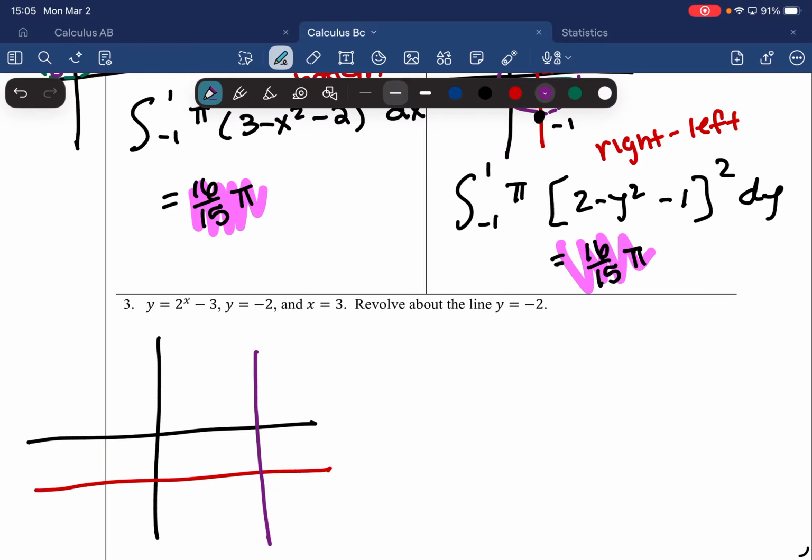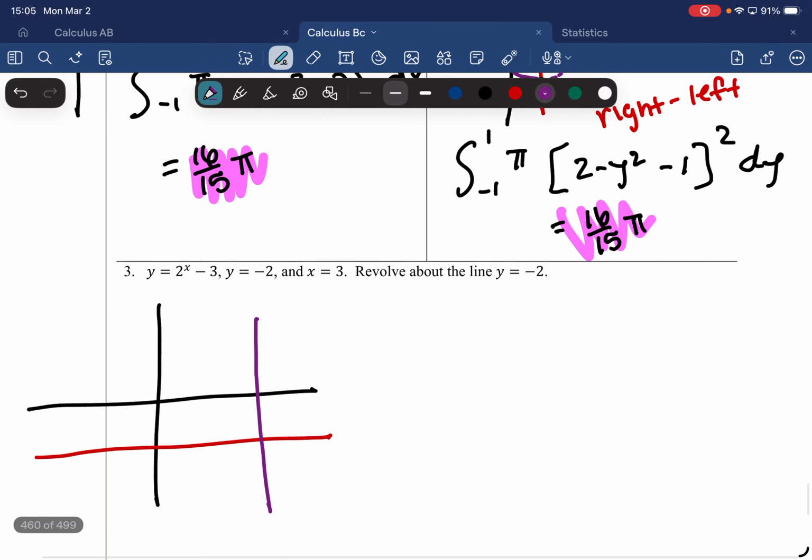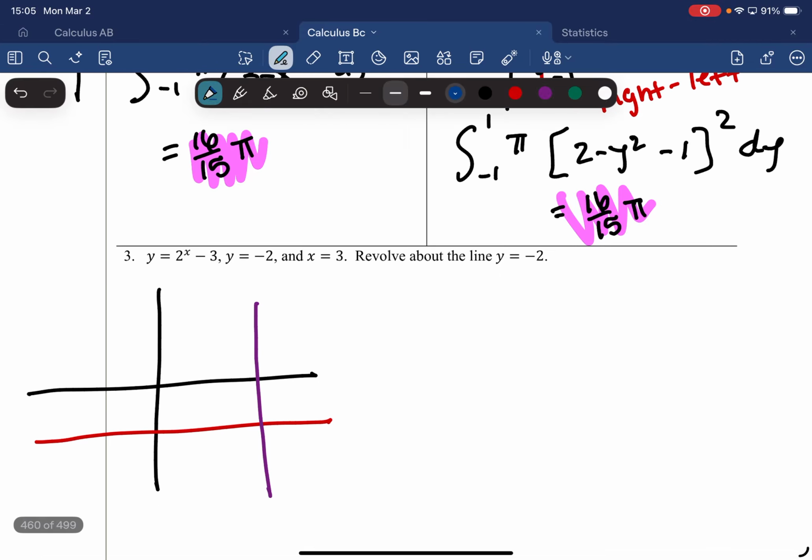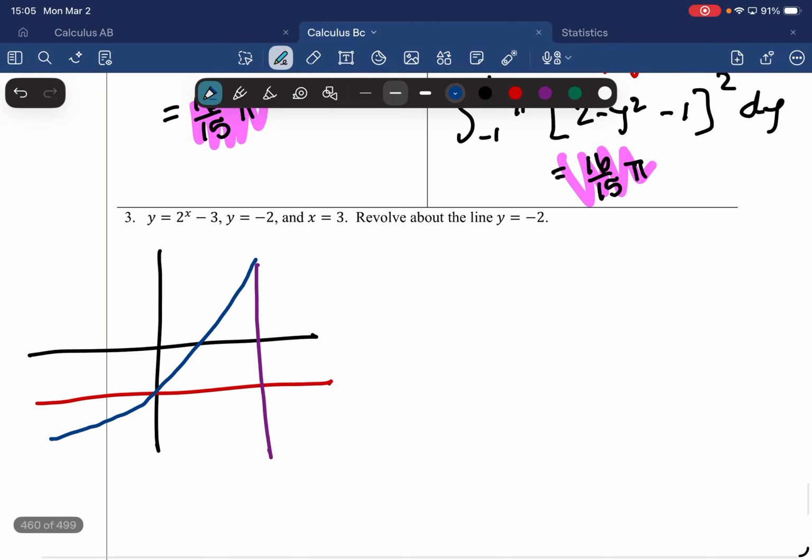So here is x is equal to 3 and y is equal to negative 2. 2 to the x minus 3 is going to look like this. I'm then going to mirror it on the other side, and once I mirror it, I'm revolving around y is equal to negative 2.